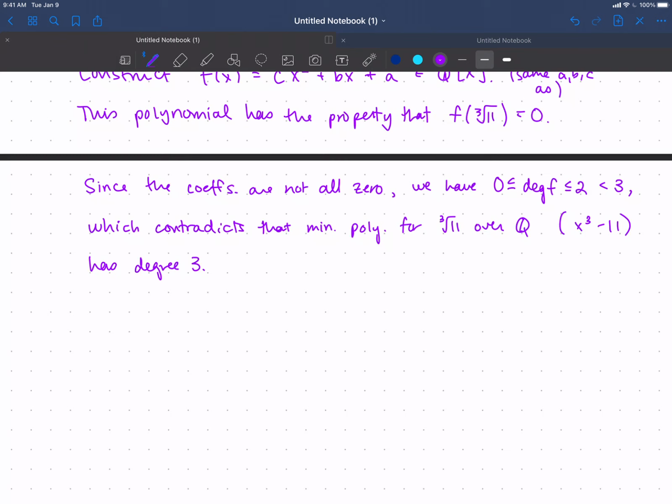Therefore, B, 1, cube root of 11, cube root of 11 squared, is a linearly independent set.